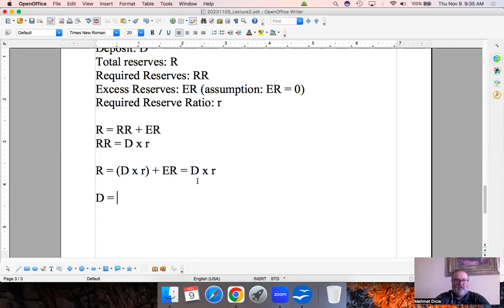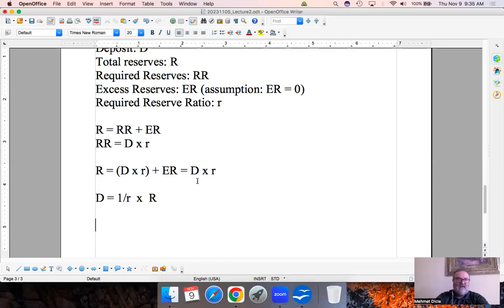Or I could also do 1 over r times the R. Now remember, the small r is the required reserve ratio, and the big R is the total reserves. And obviously, if I actually had any excess reserve, this would have been different, but we assume that the excess reserve is zero. So this is our multiplier for the deposits.